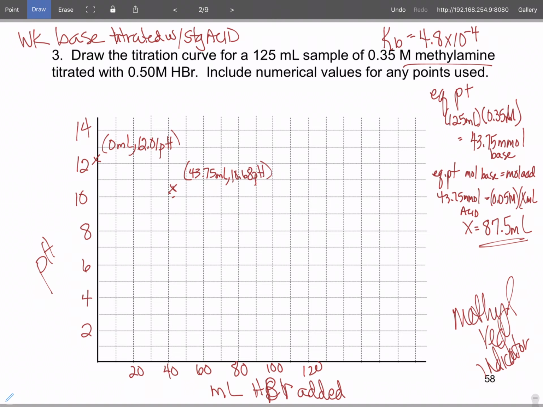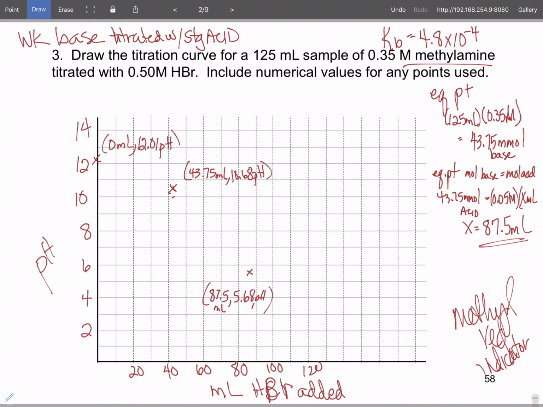Okay, our next one is our equivalence point, which is 87.5. That's about 5.68. So 87.5 milliliters and 5.68 is my pH, somewhere around here.